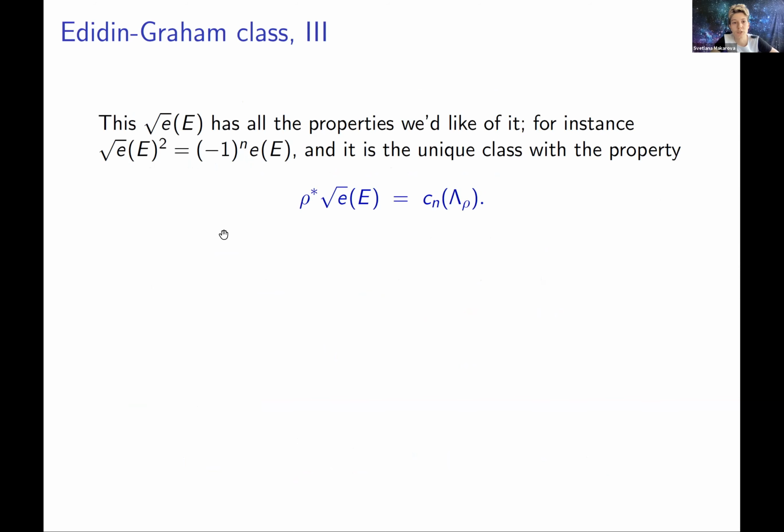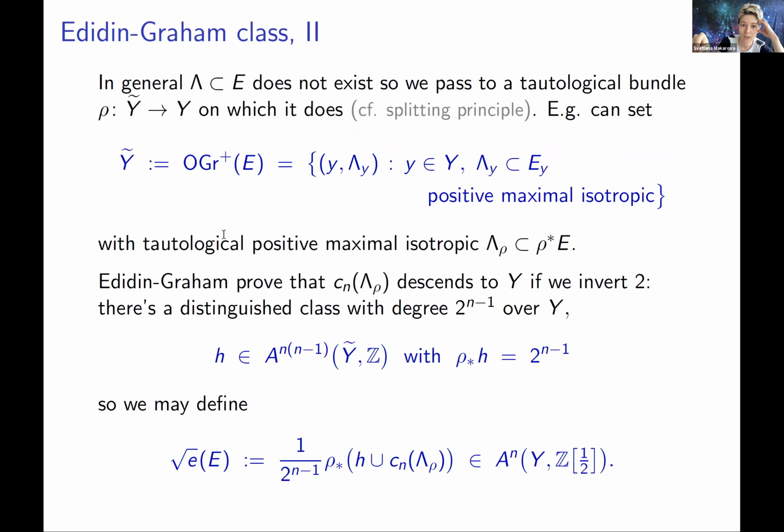I think I have a question. Yeah, of course. Sorry, I went too fast. On the previous slide, this class H, is it the restriction of the Schubert cycle that corresponds to a ladder to the orthogonal Grassmannian? Which corresponds to what, did you say? For the Grassmannian K to K, I have this ladder K minus 1, K minus 2, etc. to 1, like a Young diagram that looks like a ladder.